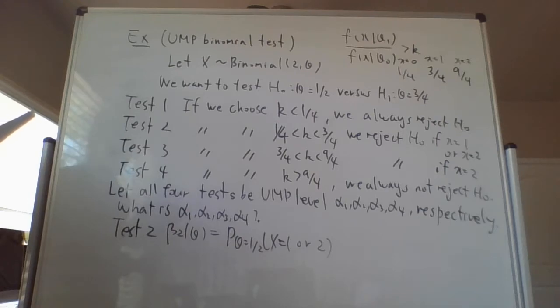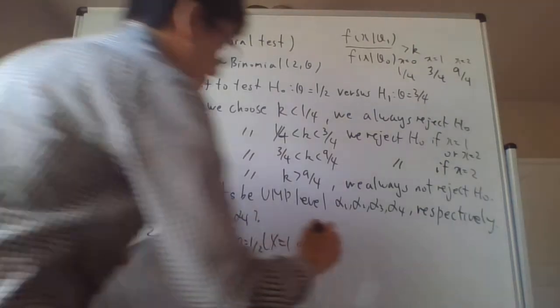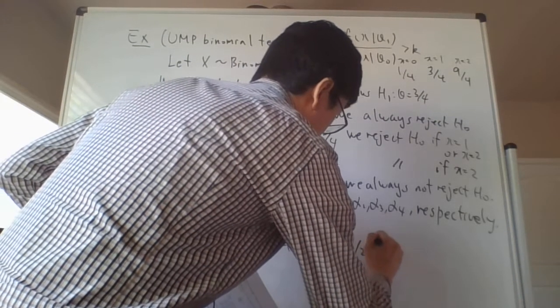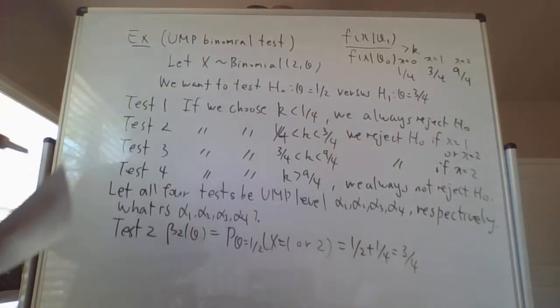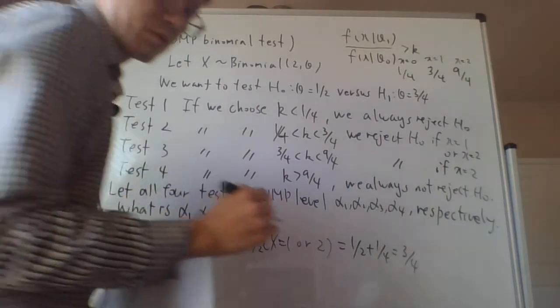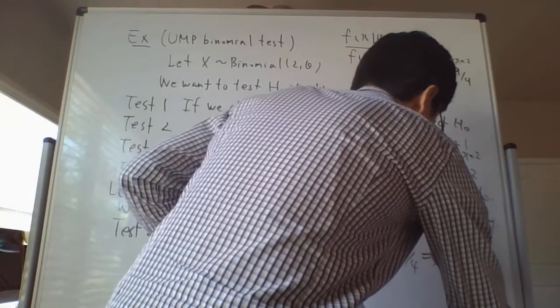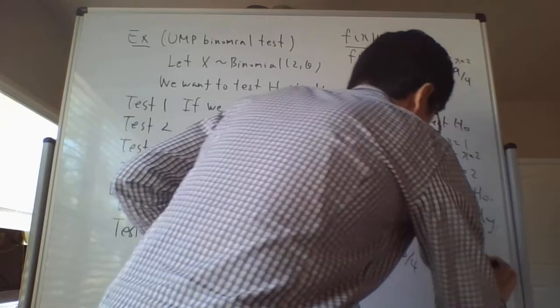So the null is theta equal to 1/2, so the probability is 1/2 plus 1/4. This is 3/4. So alpha 2 is 3/4.